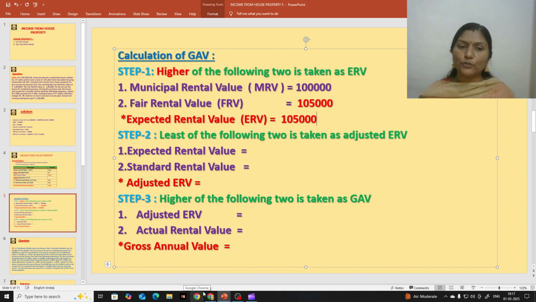Let us go to step 2. Step 2 we are going to do only in case standard rental value is given. If standard rental value is not given, we don't deal with step 2. We can remove that and directly jump into step 3. Now let us check whether they have given standard rental value in our present question or not.